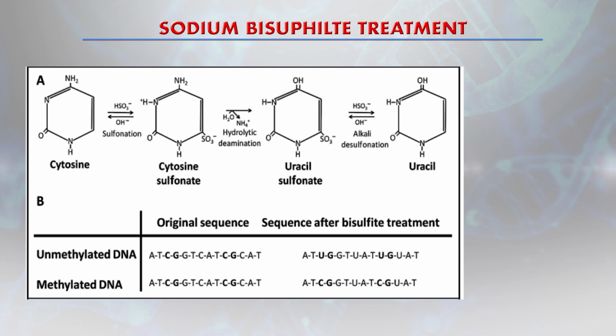You can see in this diagram the unmethylated DNA and the same sequence in methylated DNA, where this particular C is methylated. The unmethylated DNA reacts with sodium bisulfite and transforms into uracil.